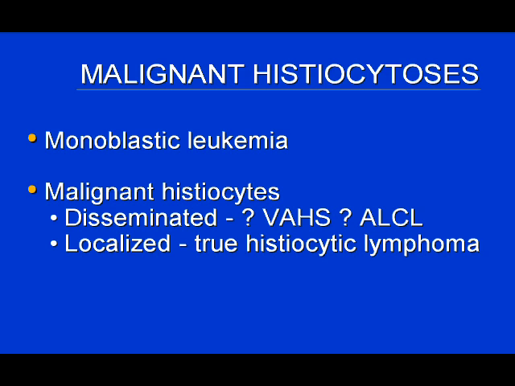These were both designated frequently as malignant histiocytosis. Now there are localized true histiocytic lymphomas that still do get diagnosed occasionally, but usually not in bone marrow, more commonly in soft tissue and other sites.